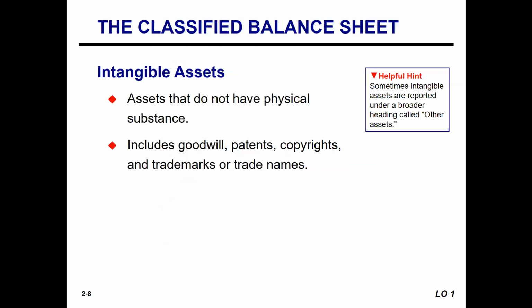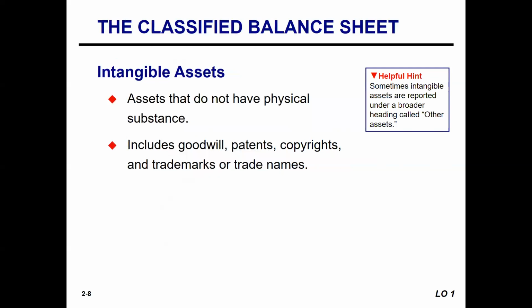Now, there could be another group of assets a company has, and these are intangible assets. These intangible assets have no physical presence, but they are created by the law. There is some law that has created most of these intangible assets, and this gives us some advantage in running our business and is going to help us generate revenues. So some examples are goodwill, patents, copyrights, trademarks, trade names.